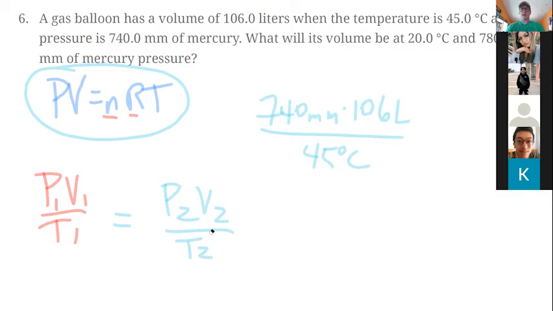So that is going to be equal to my second pressure, which is 780 millimeters, times the new volume, we don't know what that is, V2, divided by the temperature, which is 20.0 Celsius.